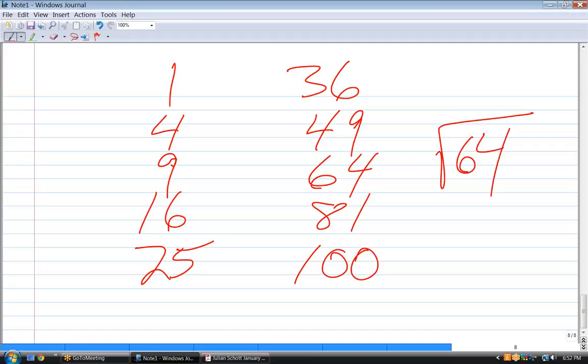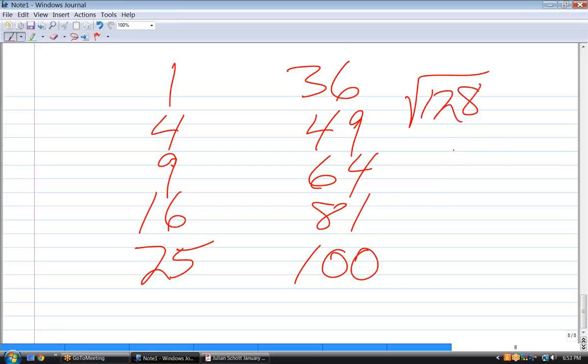Whenever you take the square root of a perfect square number, it's a whole number. More importantly, if I said, what's the square root of 128, you would recognize that that is the square root of 2 times the square root of 64. Well, the square root of 64 is a perfect square number, so that's 8 root 2.